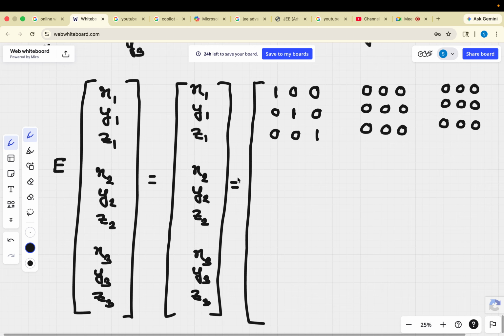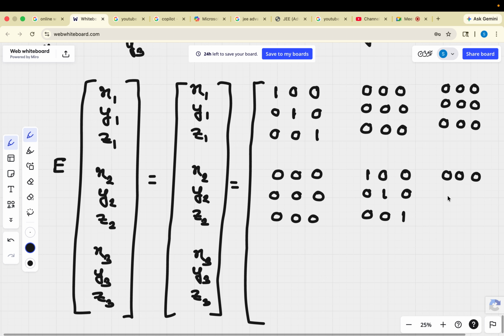In this row you have no x1 and x3, so for x1 you just keep 0 0 0 0 0 0 0 0 0. You have x2 y2 z2, so you just write down 1 0 0, then you will have 0 1 0, then you will have 0 0 1, and for x3 y3 z3 you will have this.